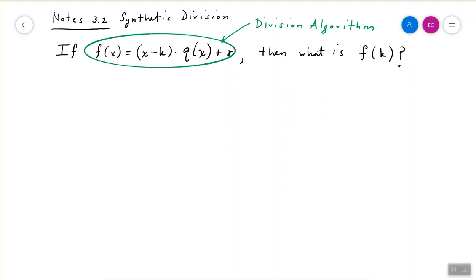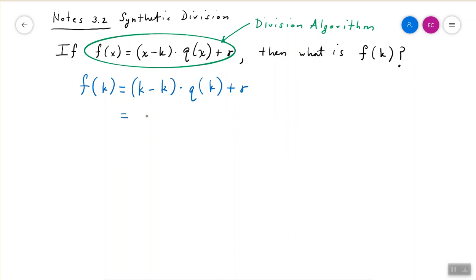What does f of k mean? Function notation tells us f of k just means that x gets replaced by k. So here's x replaced by k, k minus k times q of k plus r.